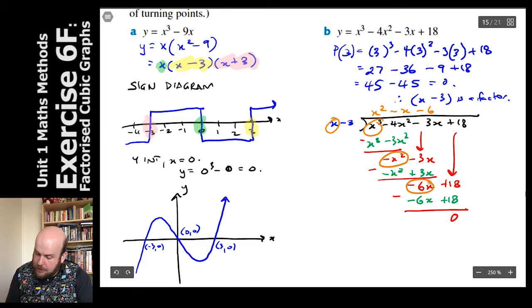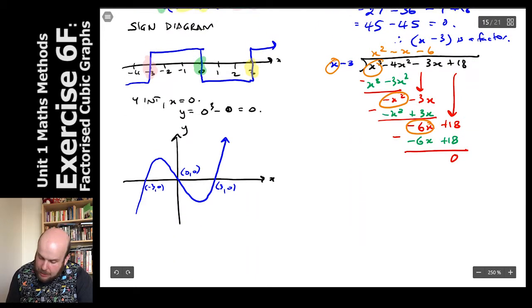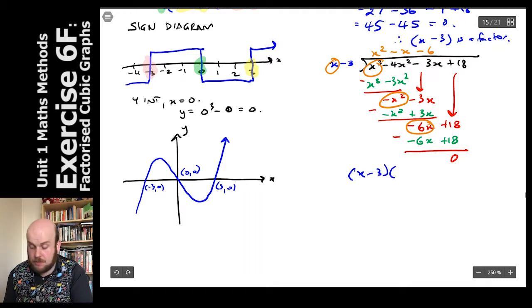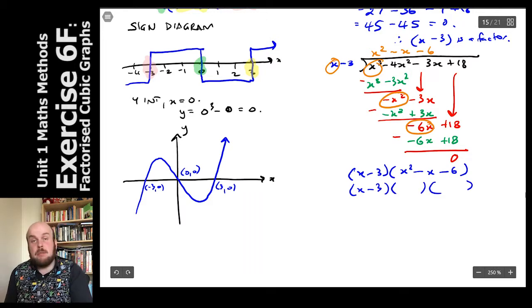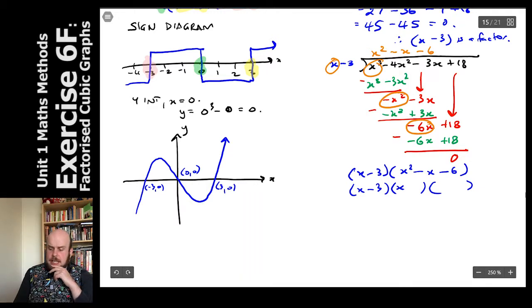So we've now got our factorized form, or almost factorized form here. X minus 3, x squared minus x minus 6. Two numbers that multiply together to get negative 6 and add together to get negative 1.